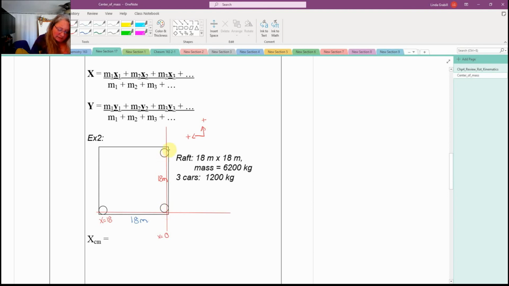And the same with this one: 1,200 kilograms times 0. It's sitting right on the axis. So all I have is this one, my 18 meters times 1,200 kilograms, divided by 3 times 1,200 kilograms.